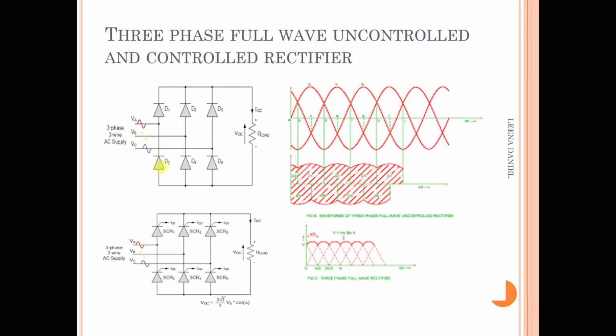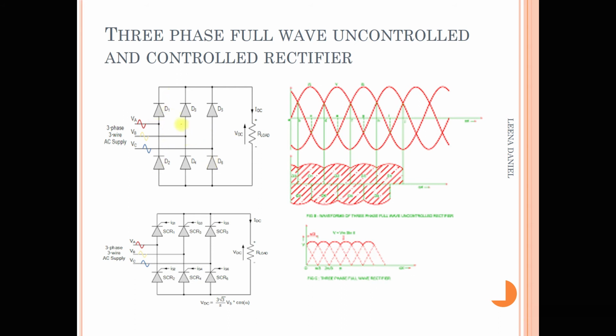D1 and D2, one more thing to remember: D1 and D2 would never conduct together, D3 and D4 would never conduct together, and D5 and D6 never conduct together, because they are connected in the same leg.